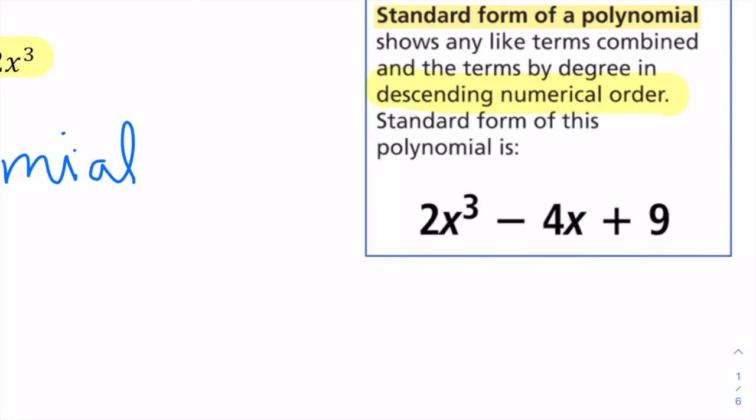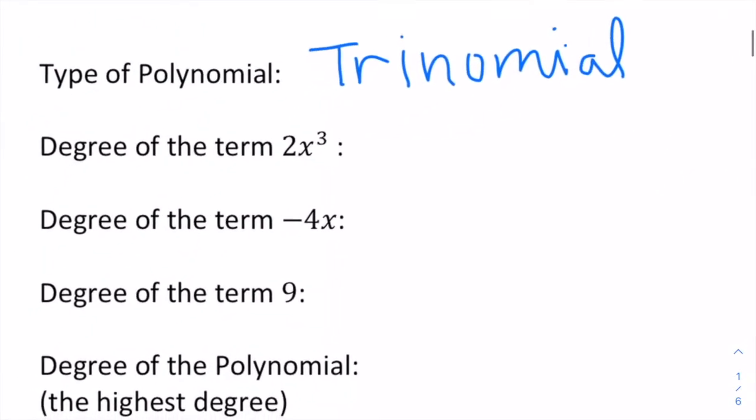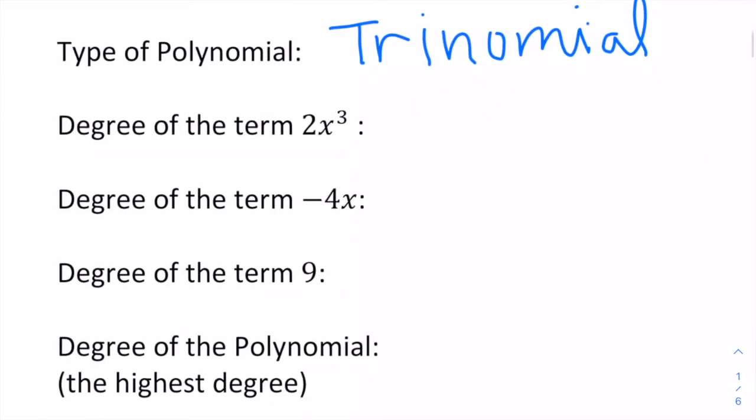Okay, so now let's consider the degree of each term. We kind of alluded to that. The degree of the term 2x cubed, this monomial, is going to be 3. That's the exponent of x.